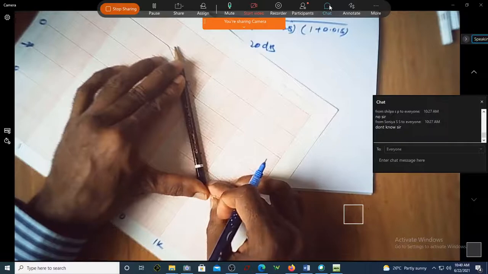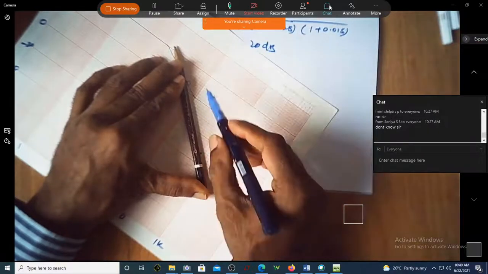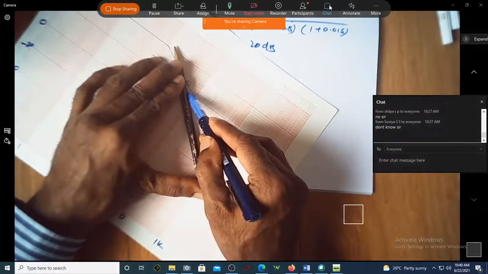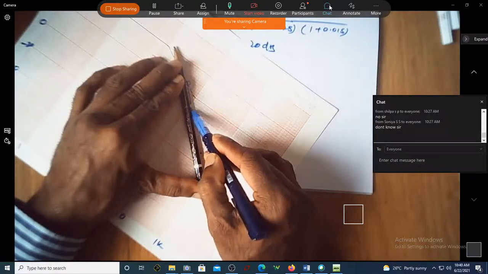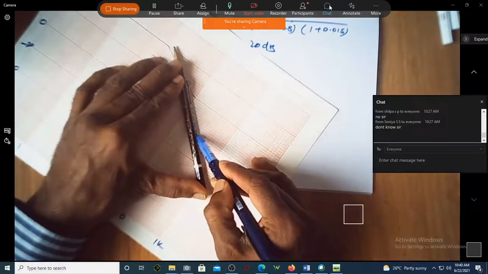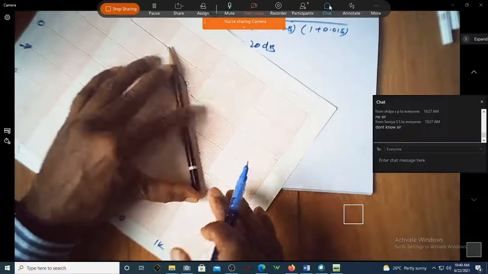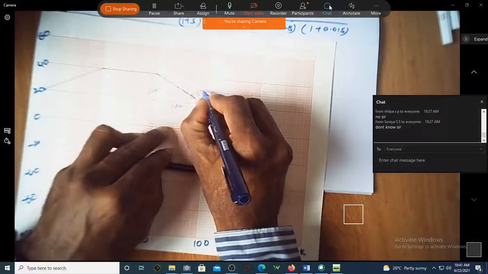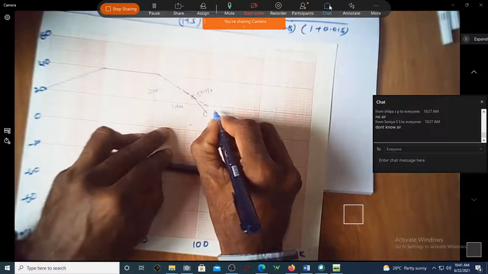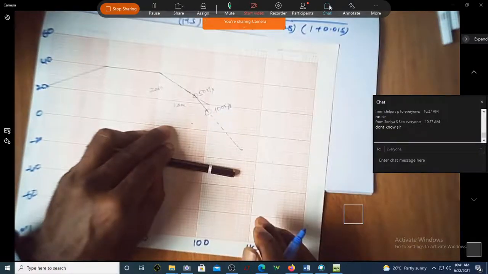Sorry, I could not get a scale. Stop it at 100. So this is 50 radian per second. This is 100 radian per second.